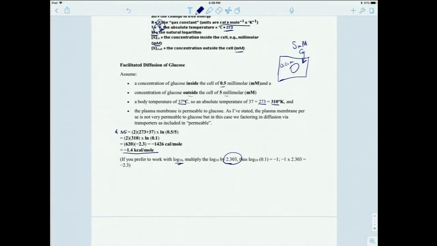Okay, so at this point, it's just kind of plug and chug. Now, I want to say something that I've alluded to before, which is glucose does not cross the cell membrane very easily at all. In fact, it's relatively impermeable to glucose. But glucose can go through a cell membrane if it has a transporter or a channel or something that helps it get across.